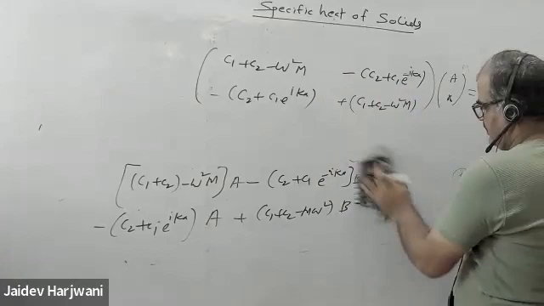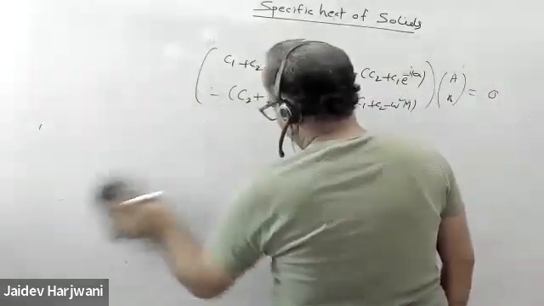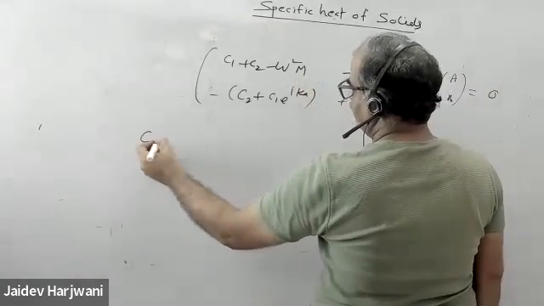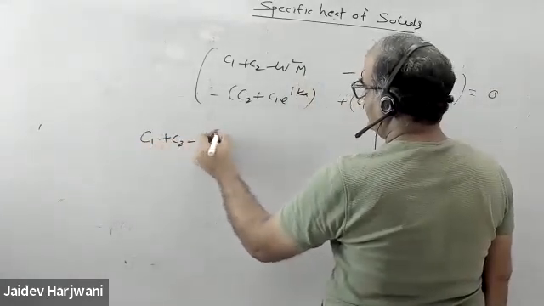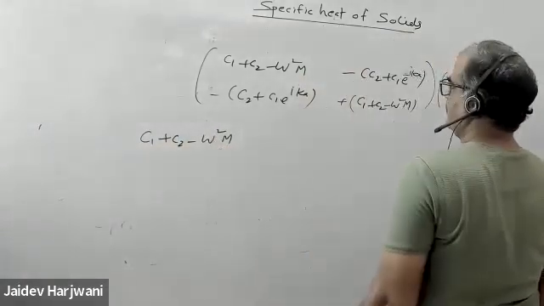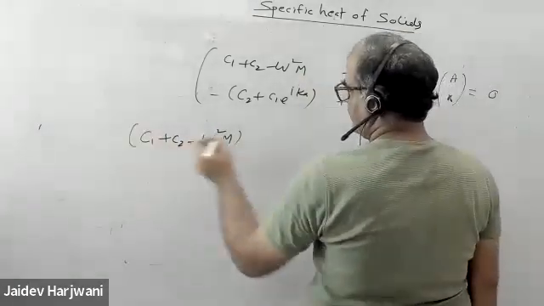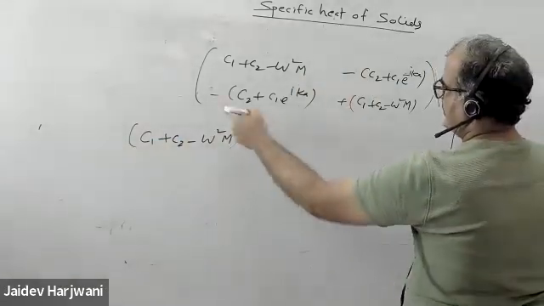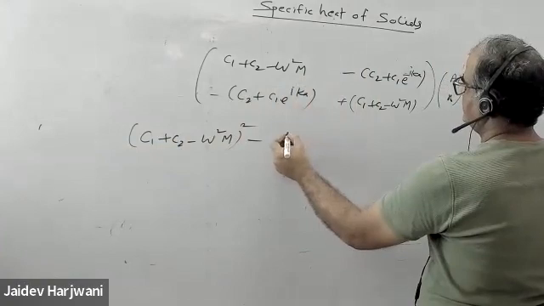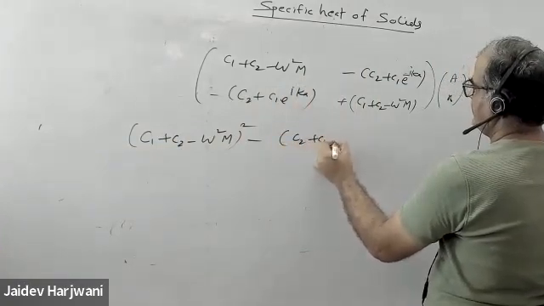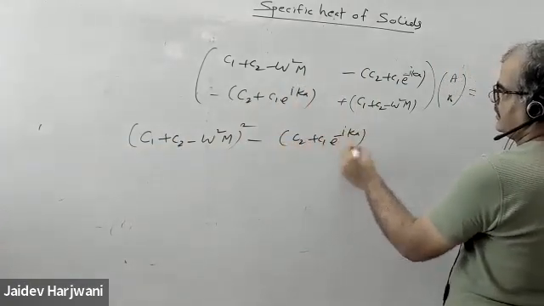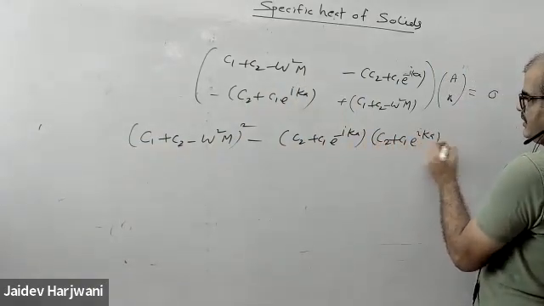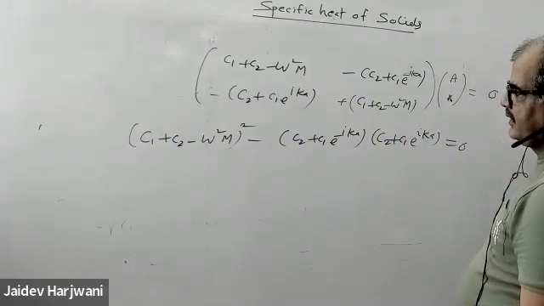Now it's easy. If you're getting these equations, just multiply them, so you'll get C1 plus C2 minus omega square m, the whole square, minus minus C2 plus C1 e power minus iota k times minus C2 plus C1 e power iota k, equals 0.